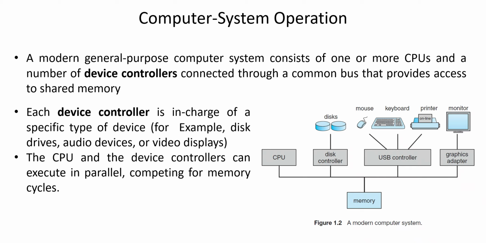It is important to understand that the CPU and the device controllers can execute in parallel, but they are also competing with each other for memory cycles since they all share that same memory bus. This diagram illustrates that shared architecture, multiple components all connected through a common pathway to memory, working simultaneously but sharing that critical resource.